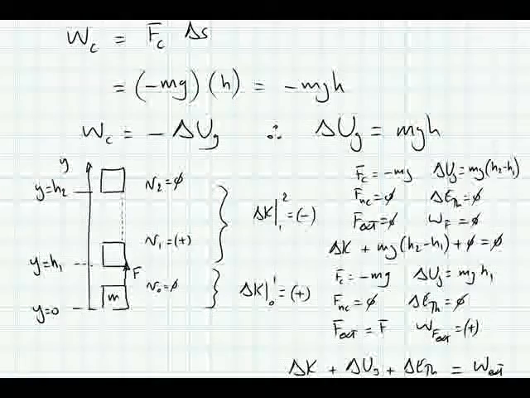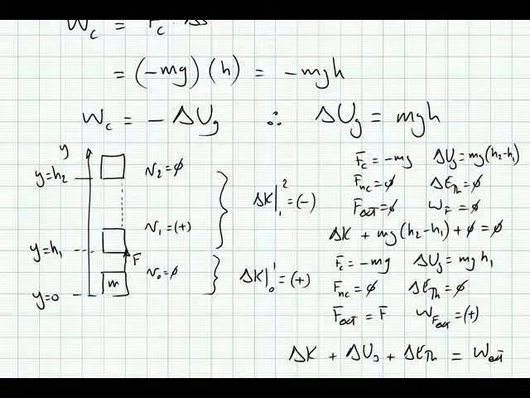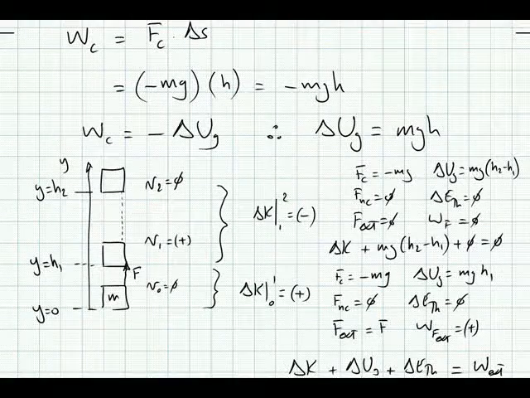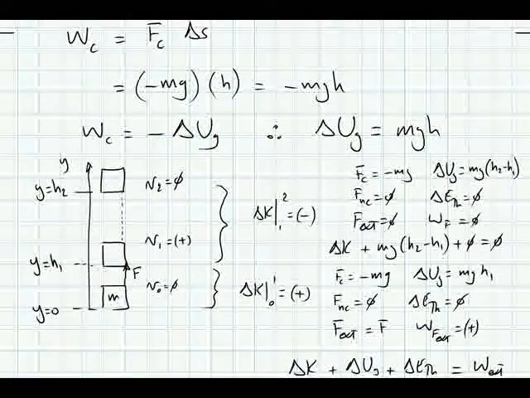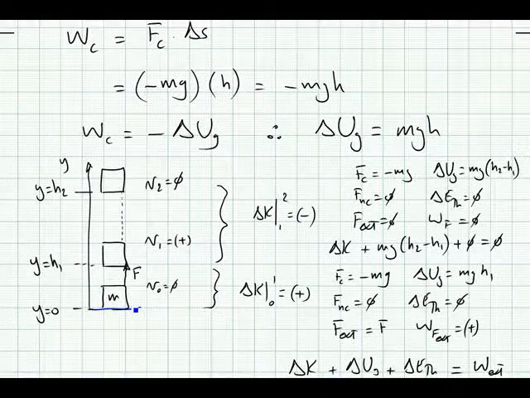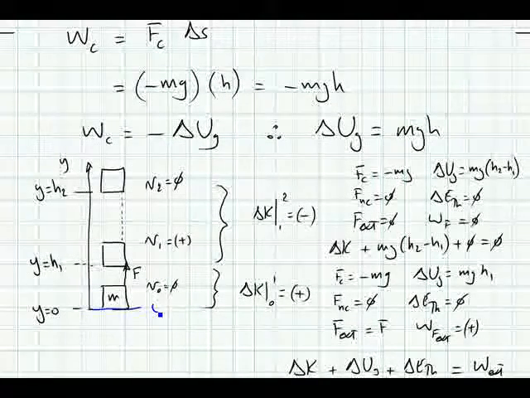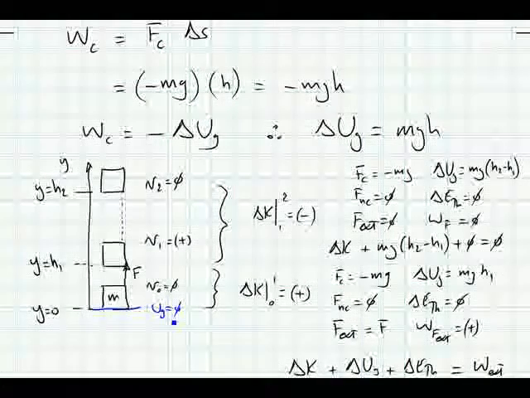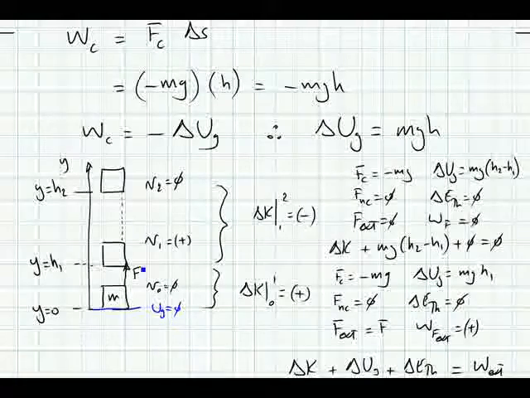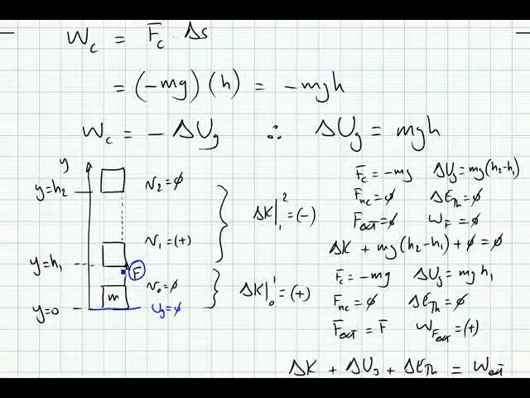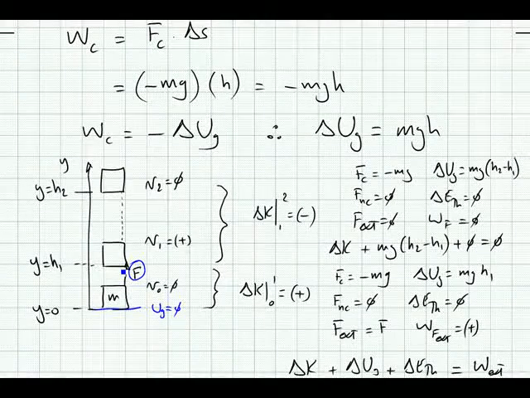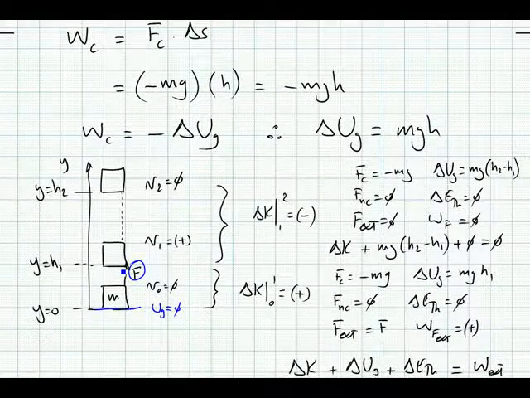If we now were to consider a slightly two-phase situation, where we have the object resting at y equals 0 level, so we can call this our UG0 level, and then a force F is applied to it, which launches the object.